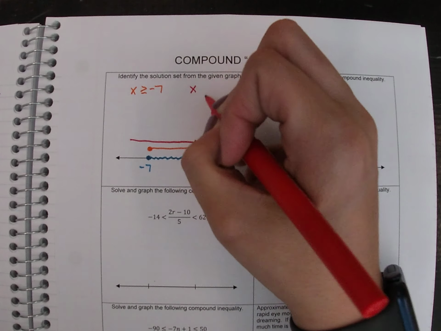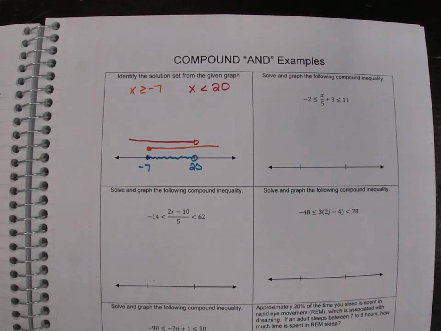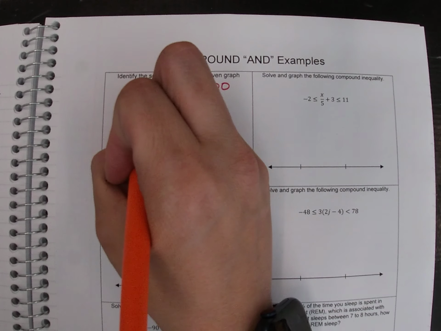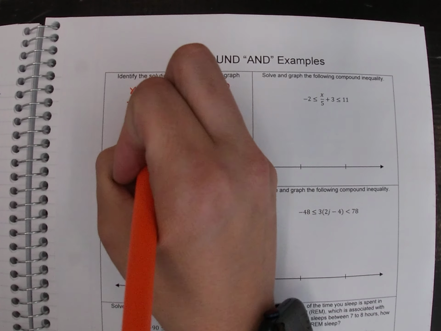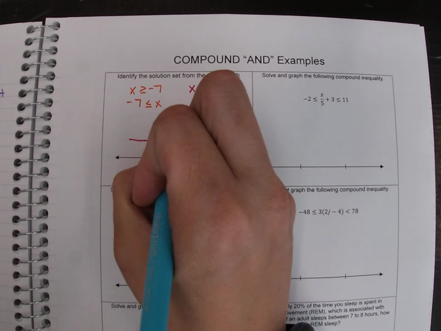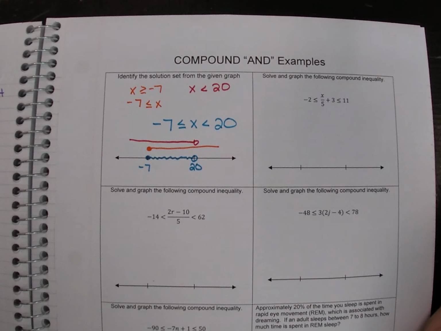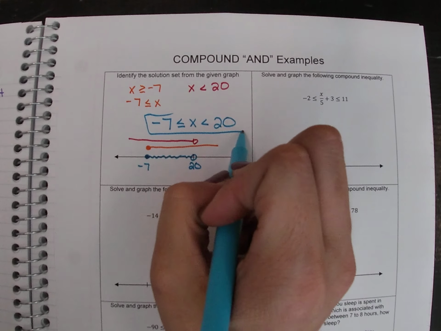We also know that it's going to be less than 20. Our job is then to turn those into one thing. So if we reverse this and squeeze them together, we'll get a final answer of -7 is less than x, which is less than 20. And this will be our final answer.